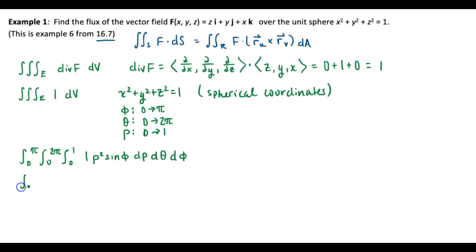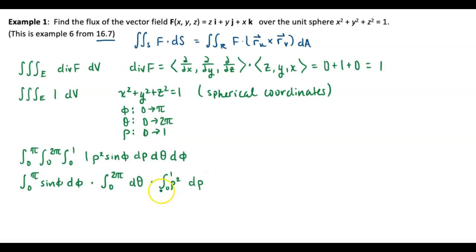And so we've got 0 to pi. Well, those are our bounds for phi, and so I'll put sine of phi inside that integral, sine of phi d phi. We're multiplying that by the integral from 0 to 2 pi of, and I've got nothing in terms of theta, so I've just got a d theta. Finally, times the integral of rho squared, as rho goes from 0 to 1, d rho.